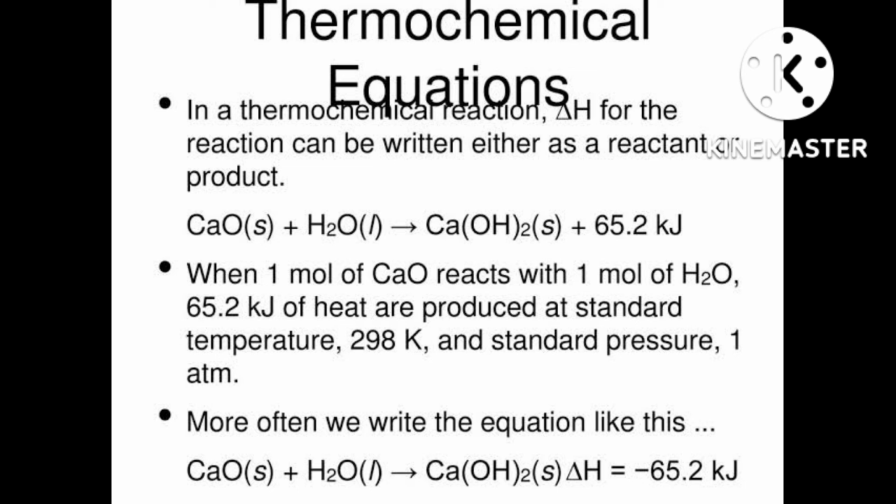Fe2O3's value is known, and hydrogen is 0. Already I told you, the standard heat of formation of hydrogen is 0. Then the reactant side is known, and on the product side there is iron. For iron, what is the value?